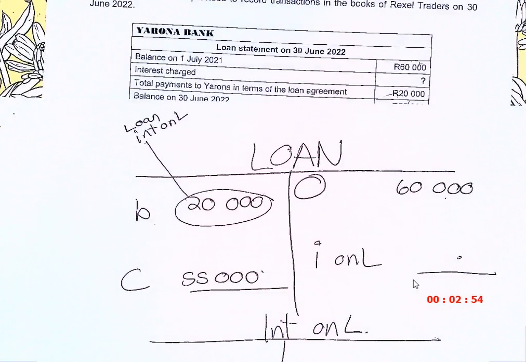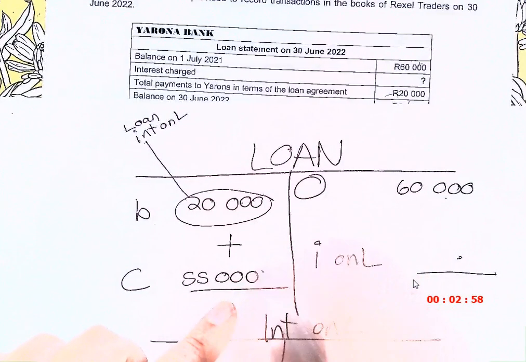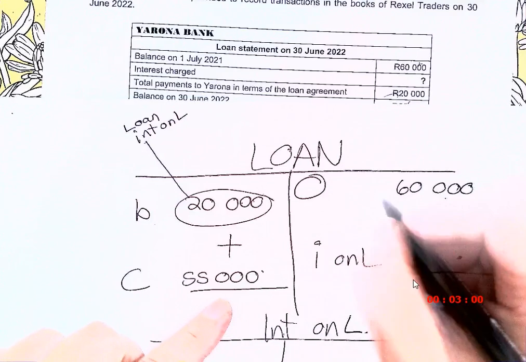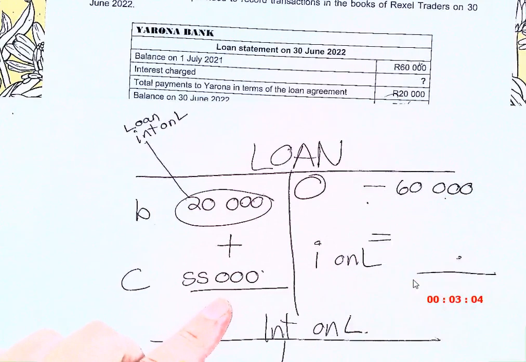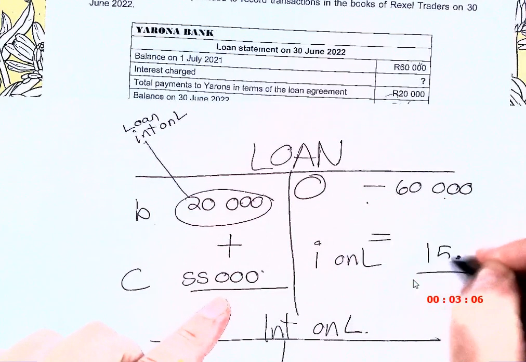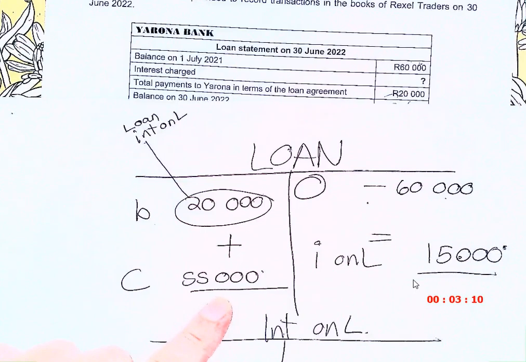So how will I balance? I will say 20 plus 55 minus 60 equals 15. Is that right? Yes. Now, I want you to see this. Please, pay attention.